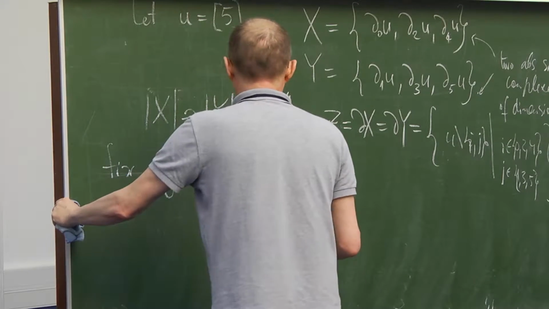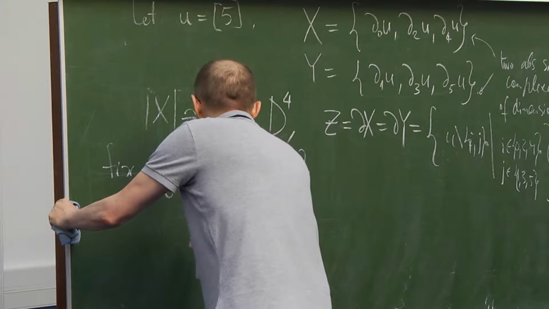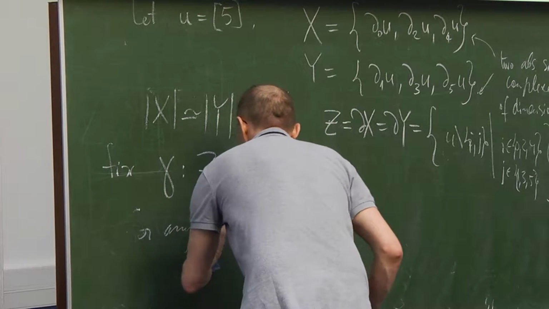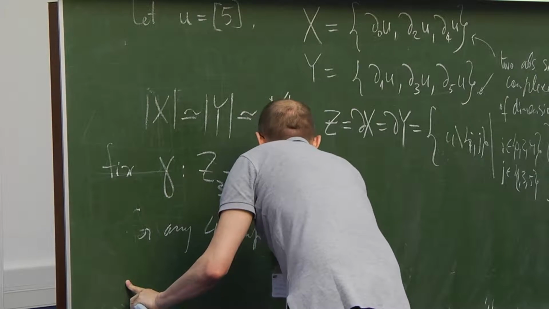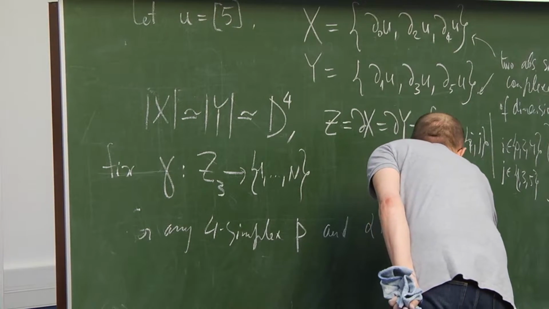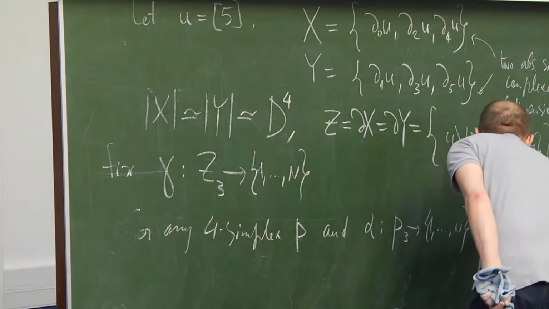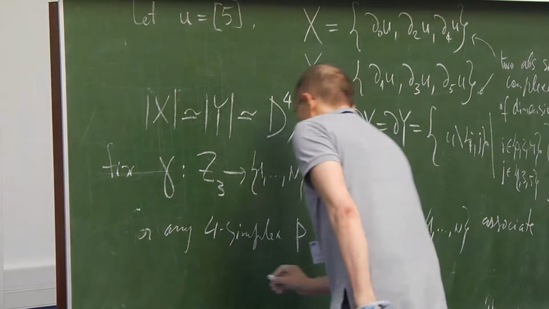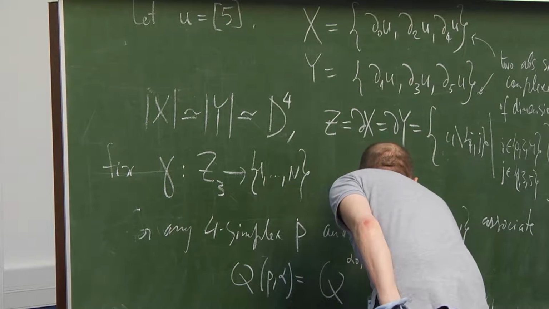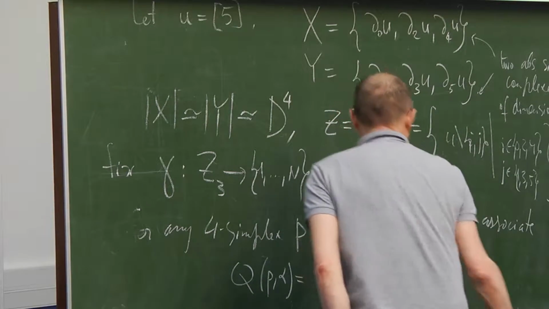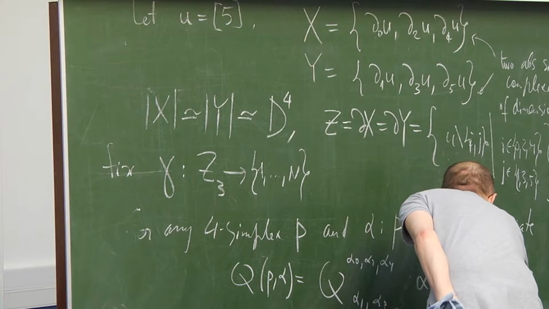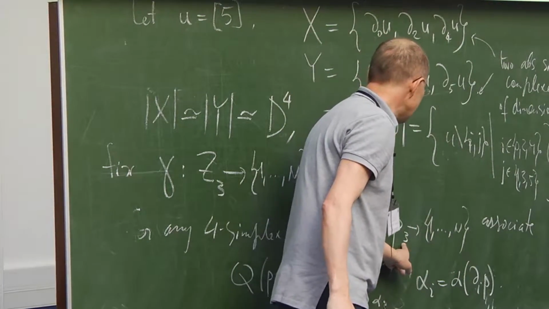And consider, for any 4-simplex P and alpha from P_3 to our index set, associate a function, let me put this, q of P, alpha, given by q(alpha_0, alpha_2, alpha_4, alpha_1, alpha_3), where alpha_i denotes just the image of the i-th facet of P. So these are 3-dimensional simplices.